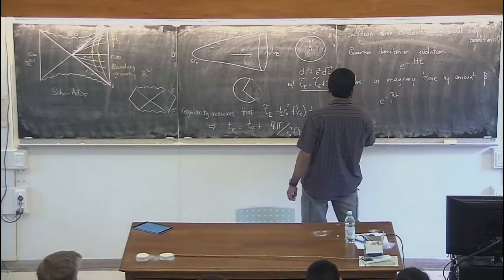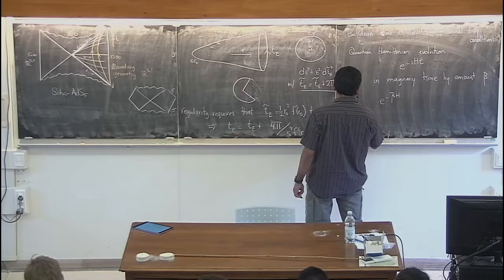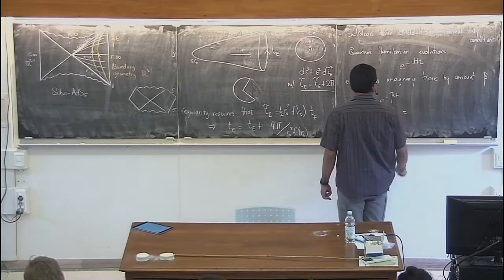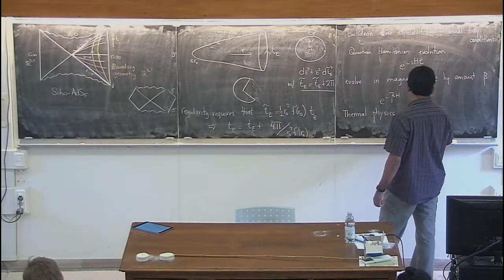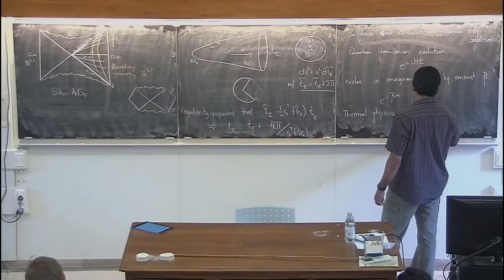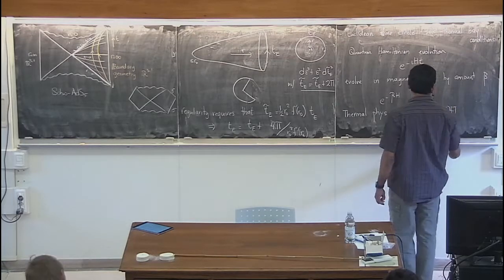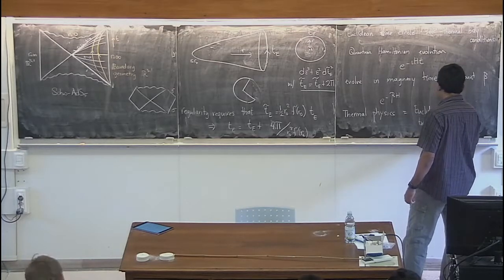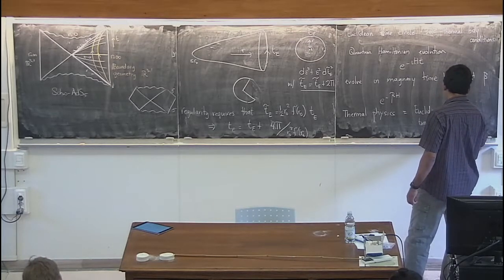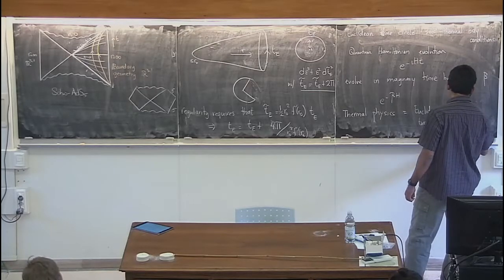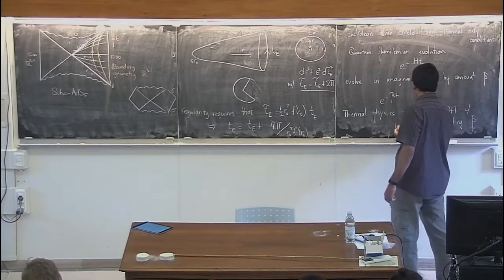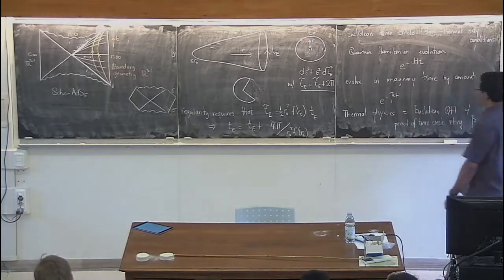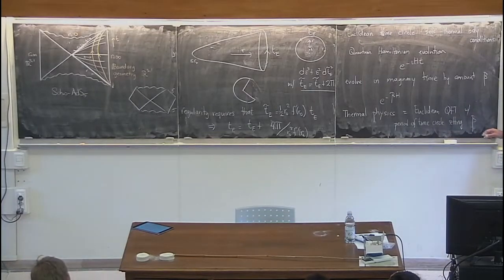So thermal physics is the same as Euclidean quantum field theory with the period of the time circle setting beta.